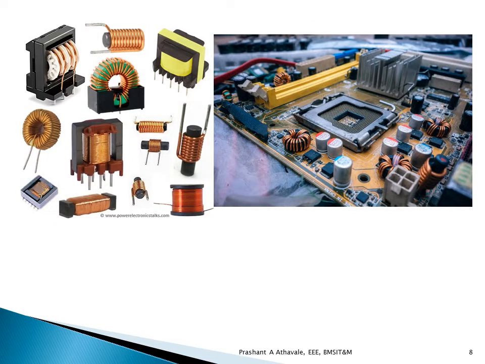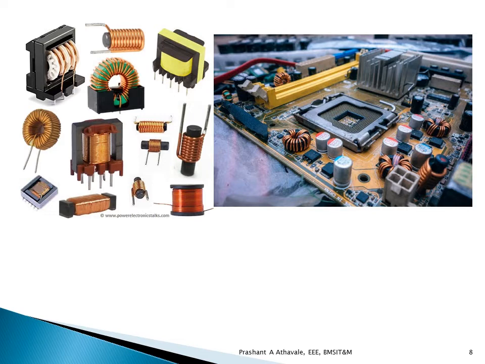You can see in the next slide these types of inductors. This yellow colored small transformer that you can see is usually seen in smartphone chargers and other devices. So you can think of transformers and so on.